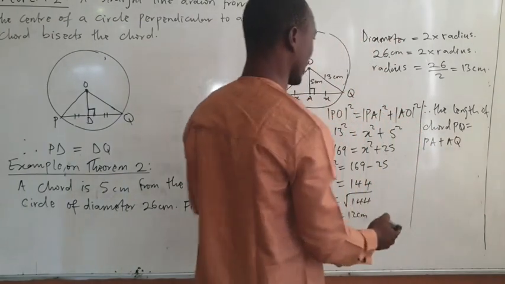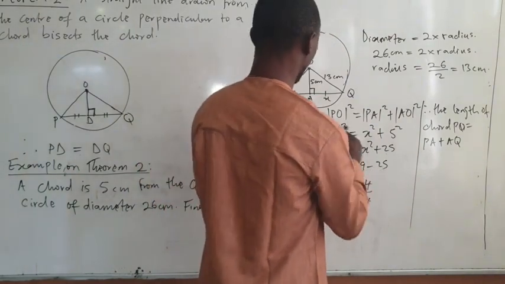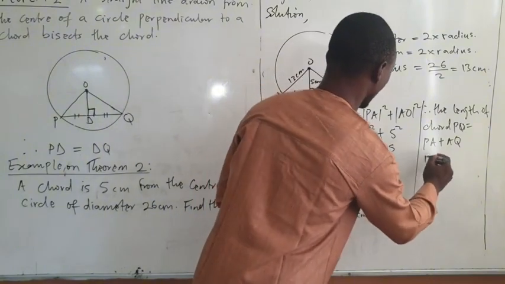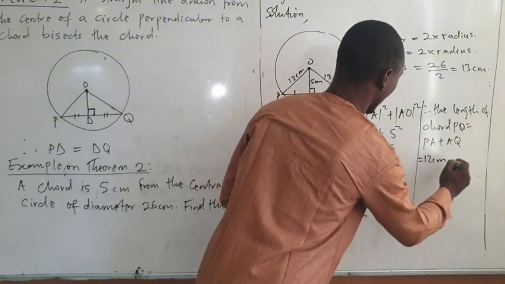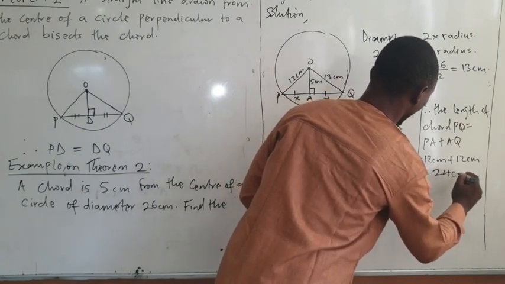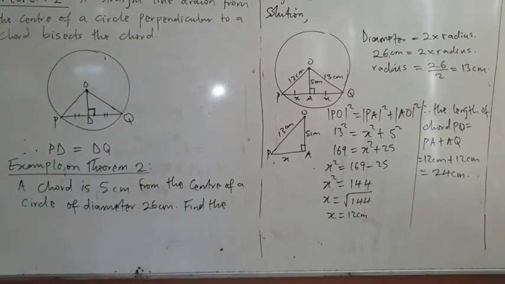PA and AQ are the same. So if PA, which is X centimeters, is equal to AQ, which is also X centimeters, it will now be 12 centimeters plus 12 centimeters. So the answer is 24 centimeters. That is the length of the chord PQ.